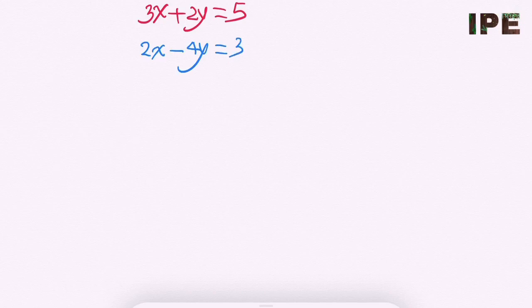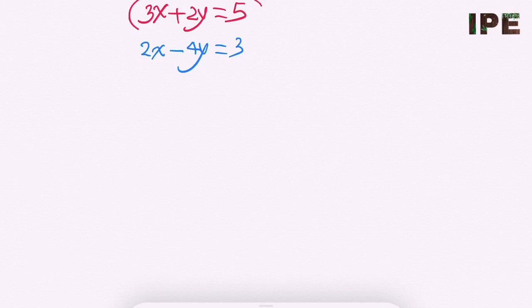To use the elimination method, we have to make the same coefficient for one variable. You can make the same coefficient for x terms or for y terms. In this case, y terms are easier because of 2y and negative 4y. If we multiply the first equation by 2, the coefficient of the y term is going to be 4y, right?